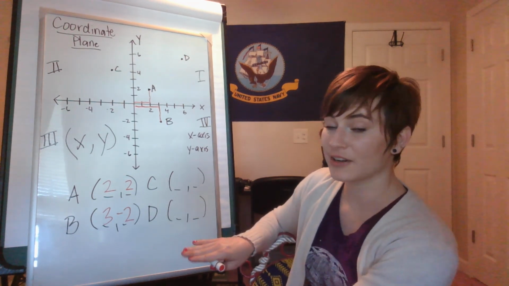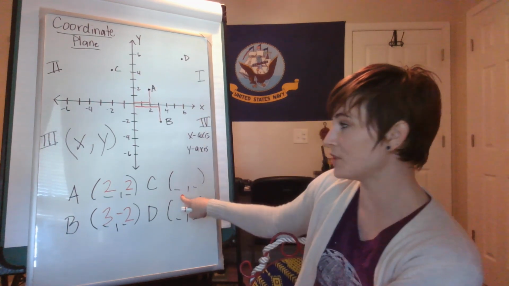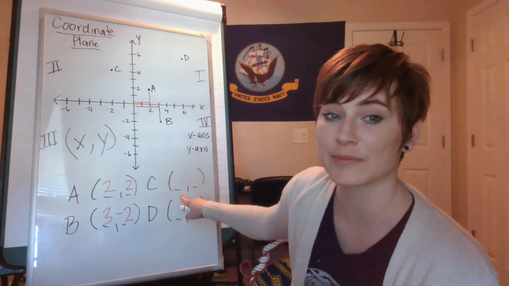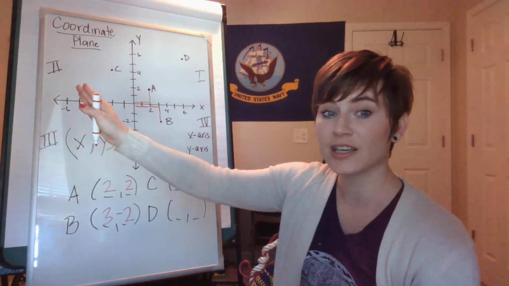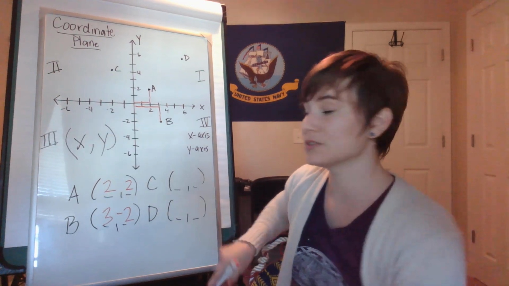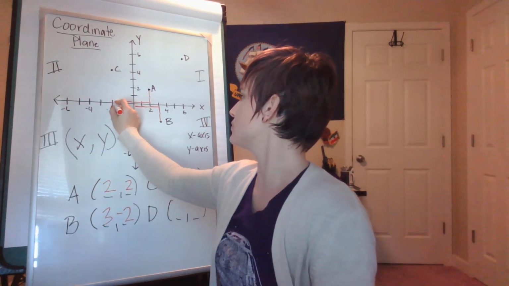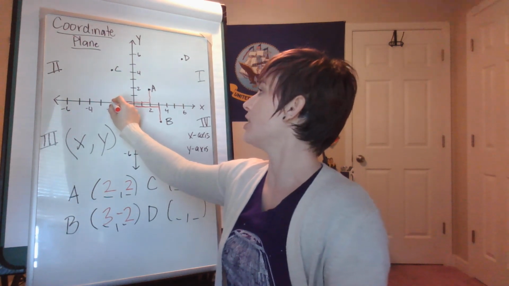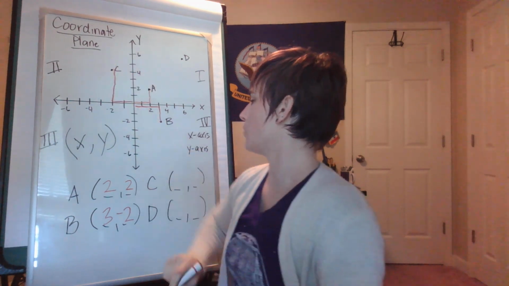Let's do our third letter. Our third letter is C. So I'm going to do my x-axis, and then my y-axis. For this one, I'm going to have to go left because it's in quadrant 2. So let me follow again. 1, 2, and then I'm going to go up. 1, 2, 3, 4.